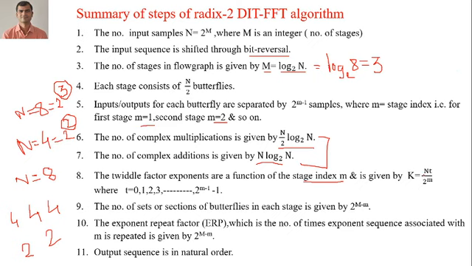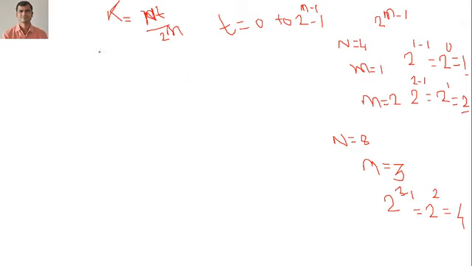So k equals Nt by 2 raised to m, where the range of t is 0, 1, 2, 3 up to 2 raised to m minus 1 minus 1. Where m is the stage index.